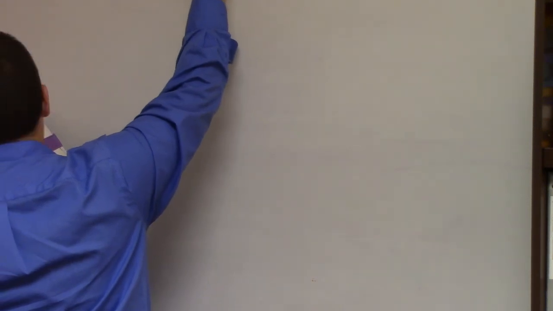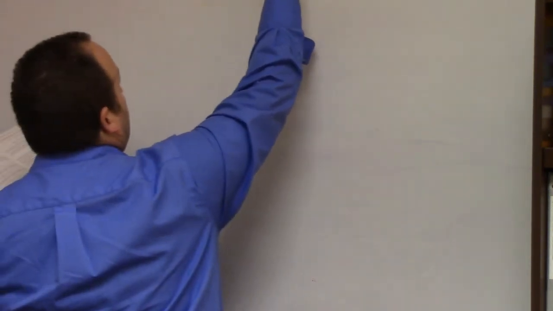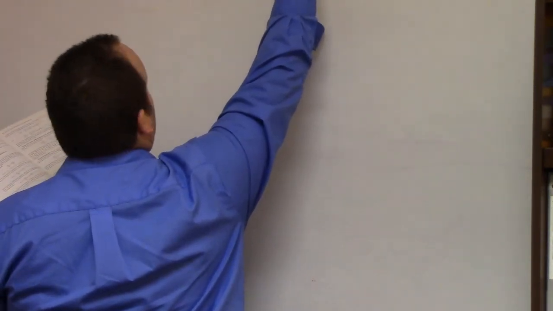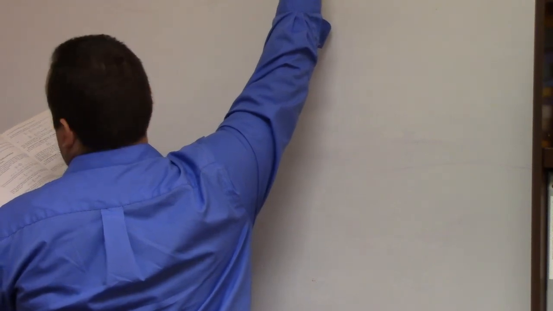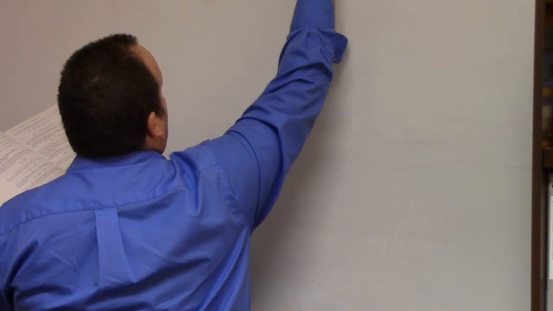So he's got u(x,t) equal to the sum from n equals 1 to infinity of b_n sine of n pi x over L times e to the minus n squared pi squared k t over L squared.